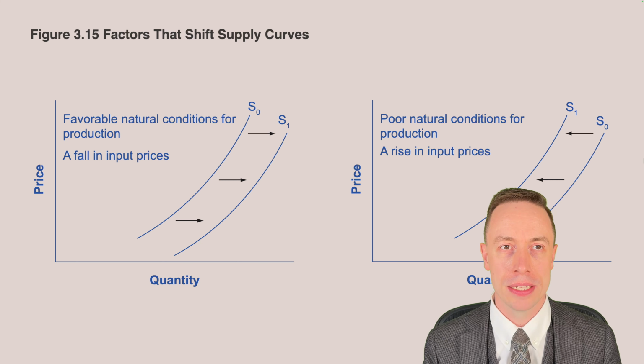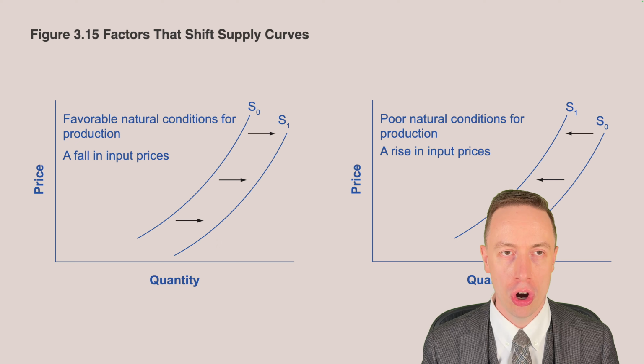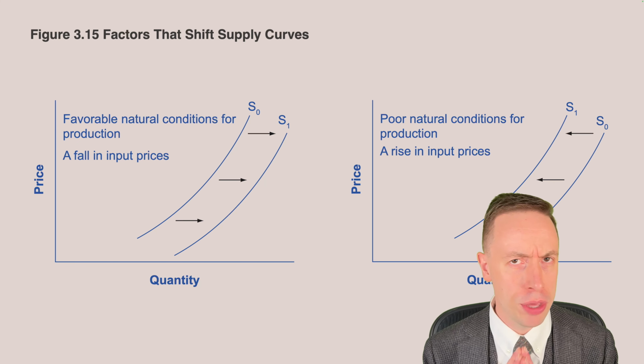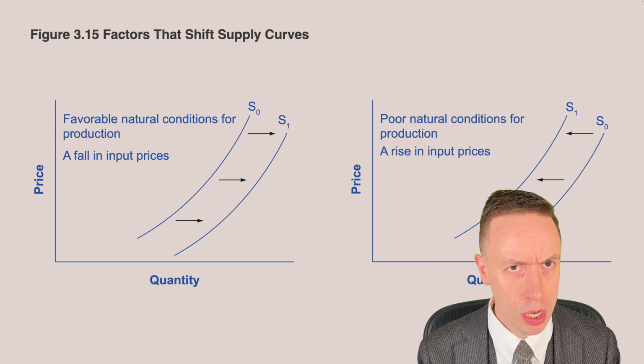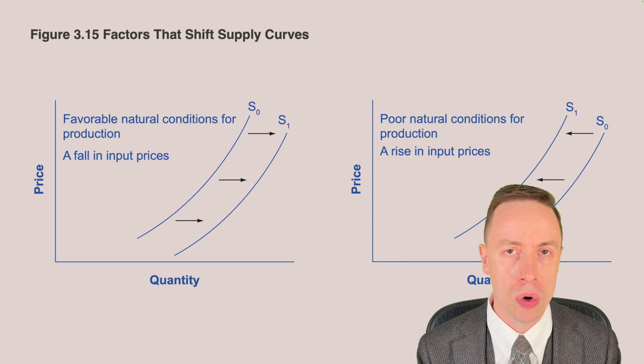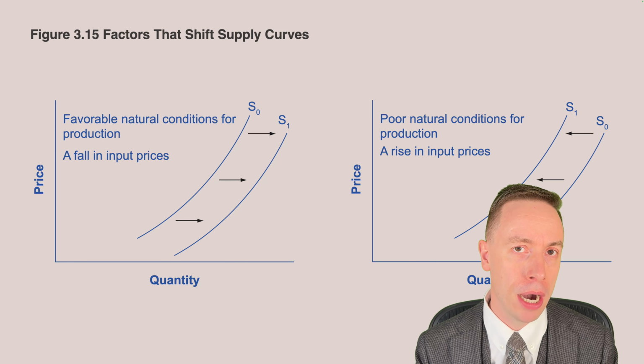Next, we've got one component of production cost called input prices. Now, input is a very broad term in economics. It refers to everything your business needs in order to produce the product. So yes, we might be talking about a change in the price of steel.